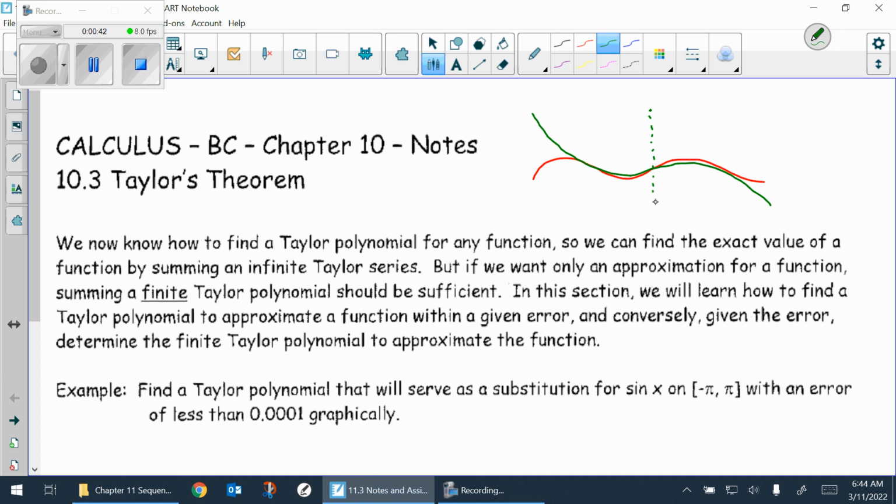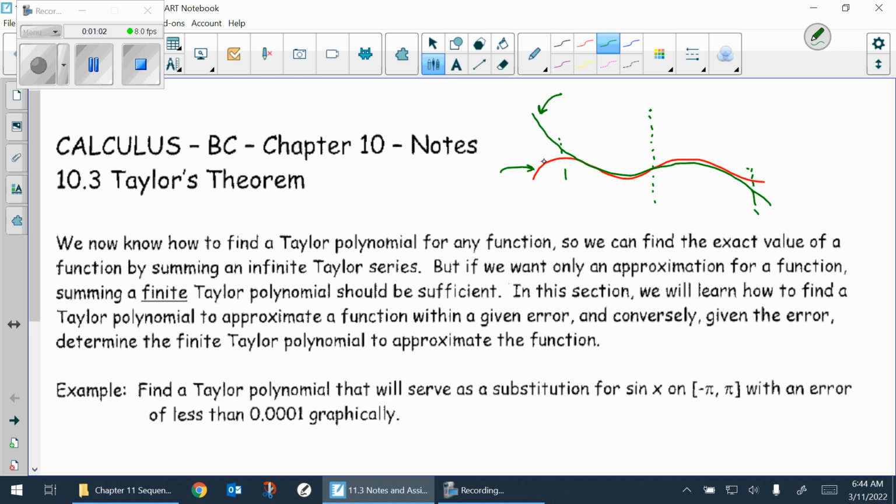What we're interested in saying is, from this x value right here to this x value right here, what's the biggest error? How far off could we possibly be using our approximation as opposed to the actual function?